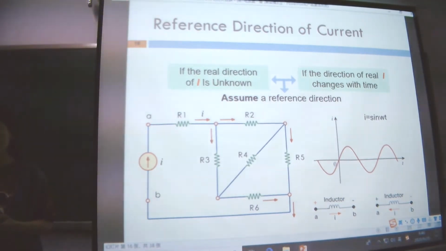Why do we need to define a reference one, because we already have a real direction? Have you ever considered all this?